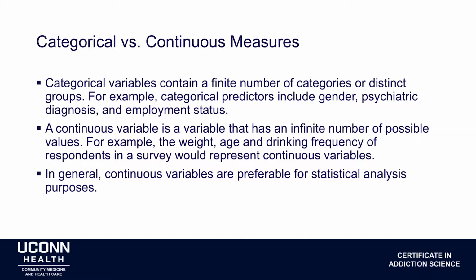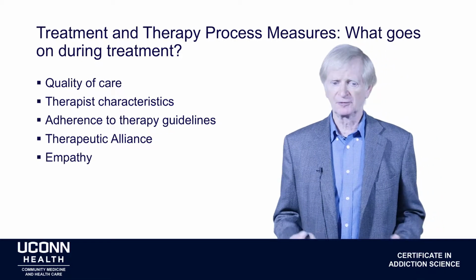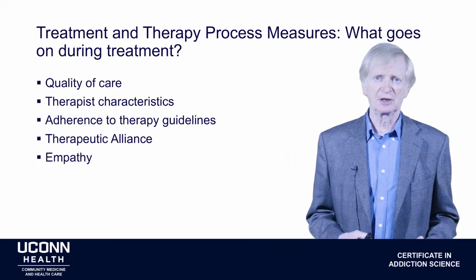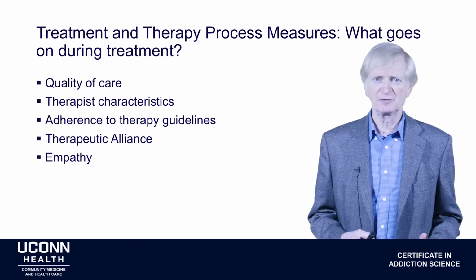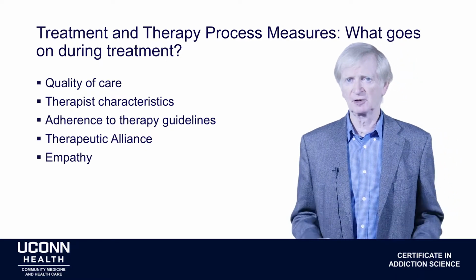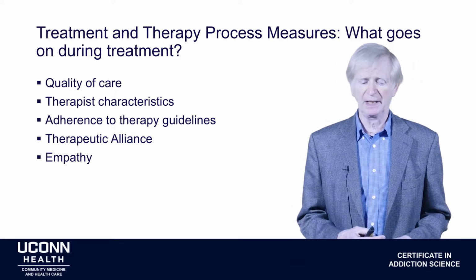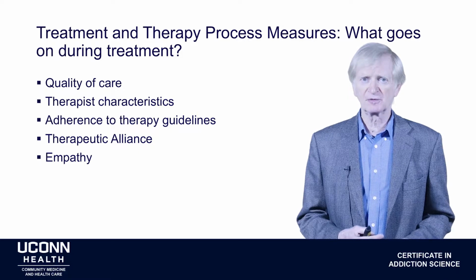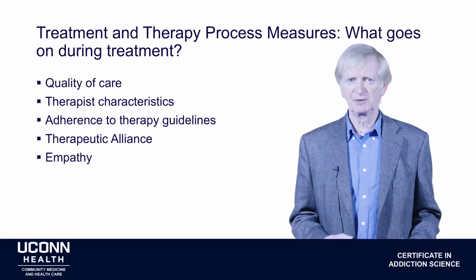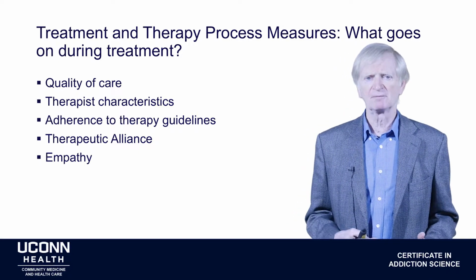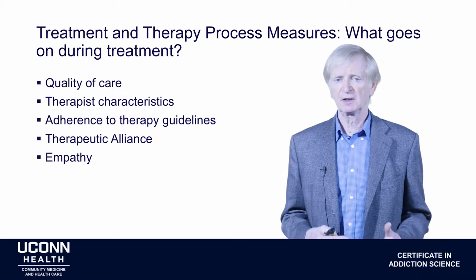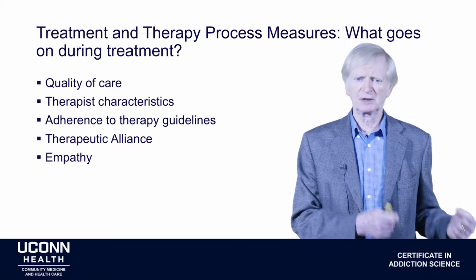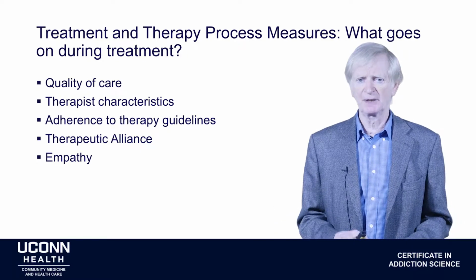Other variables that we want to measure in treatment outcome studies, and measure these things at baseline, are the quality of care, the therapist characteristics, adherence to therapy guidelines, the therapeutic alliance that develops between a patient and a therapist, and the degree of empathy. All of these things may have an important effect on whether a particular treatment is associated with better outcomes.